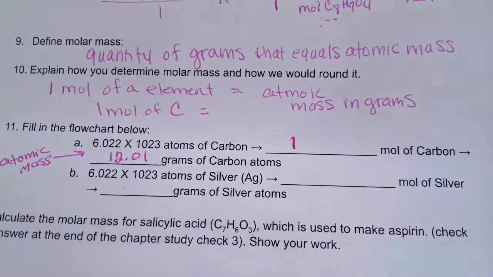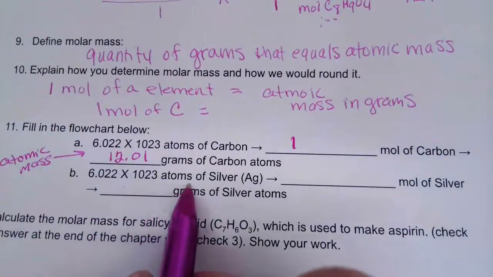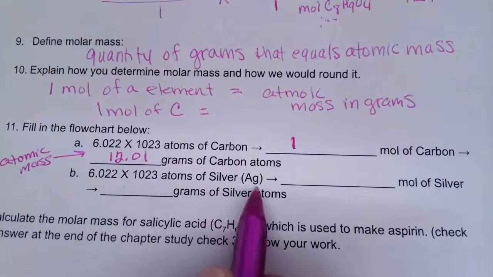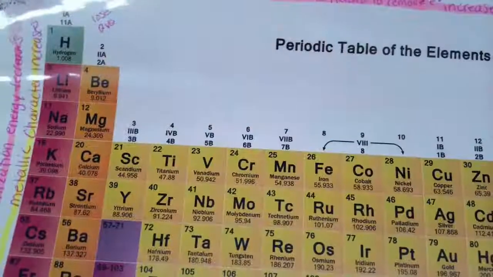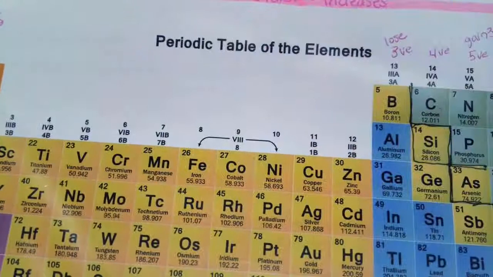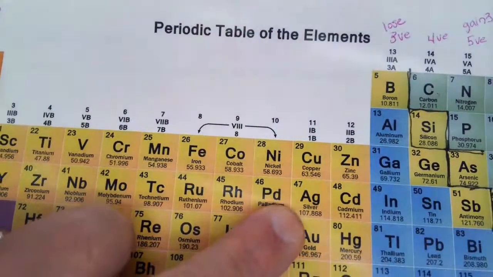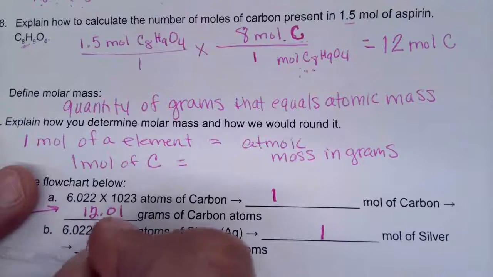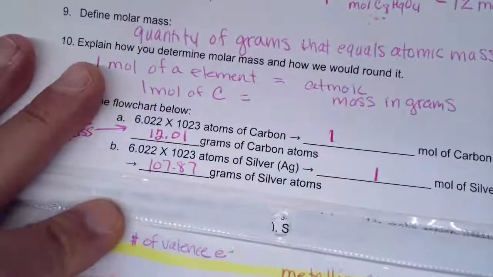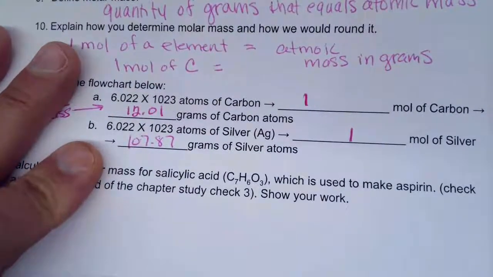So if you look at silver, 6.022 times 10 to the 23rd atoms of silver is 1 mole of silver. Look at your periodic table. 1 mole of silver, let's see, where's silver on here? Right here. 1 mole of silver has 107.87 grams of silver atoms.